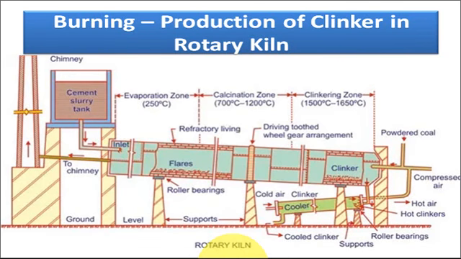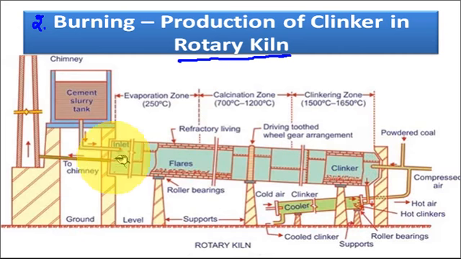Now, after mixing the raw materials, the second step is the burning. The burning process is done in the rotary kilns. Okay, this is the structure or the diagram of the rotary kiln. This part is the kiln main part, where all the heating process is done.